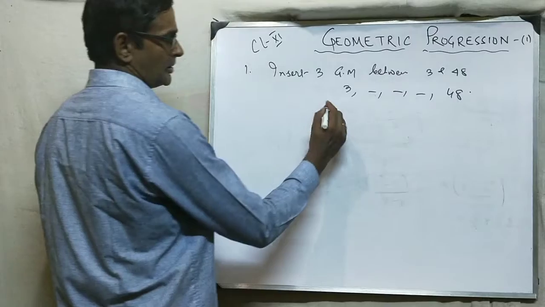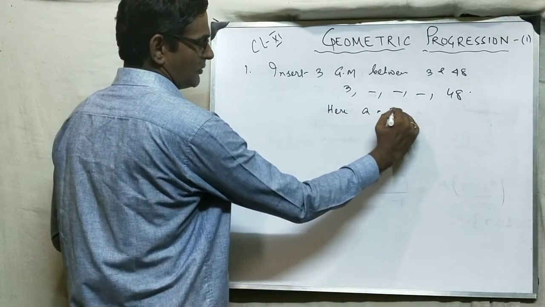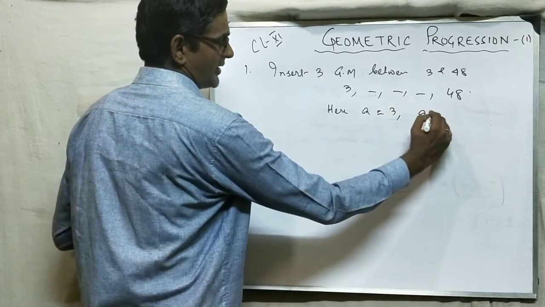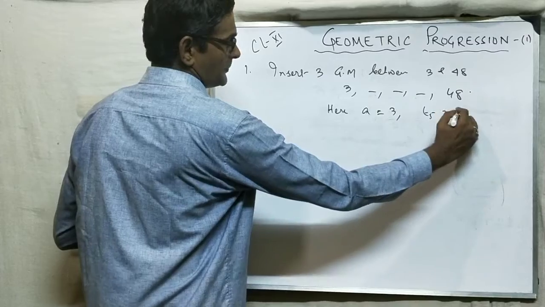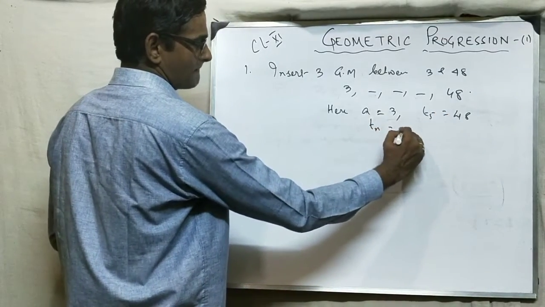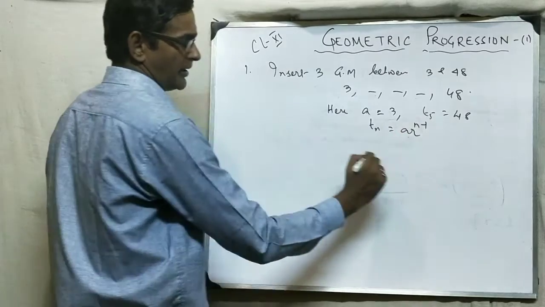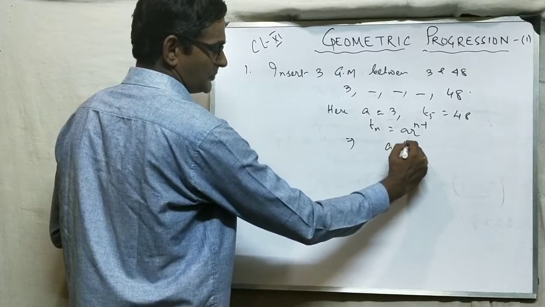Now see, here A is equal to 3, and the fifth term is 48. We have just seen the formula: AR to the power n minus 1. So from this formula, the fifth term will be AR to the power 4.